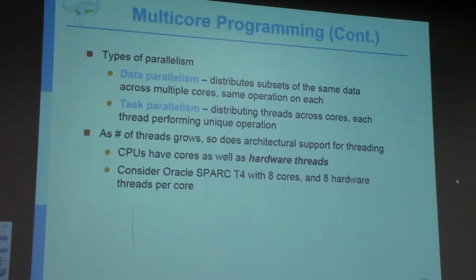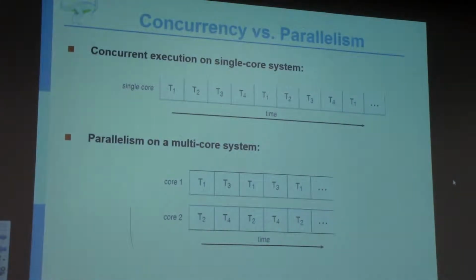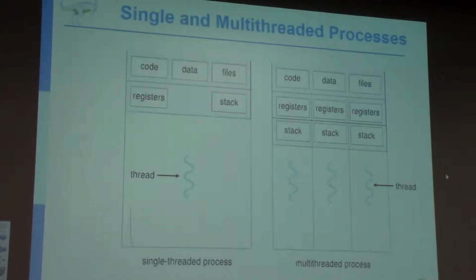But in a single core system, you definitely need to share the CPU resources by time sharing. In the case of multi-core, we can assign a specific task to a specific core. Then we can get the benefit of it.